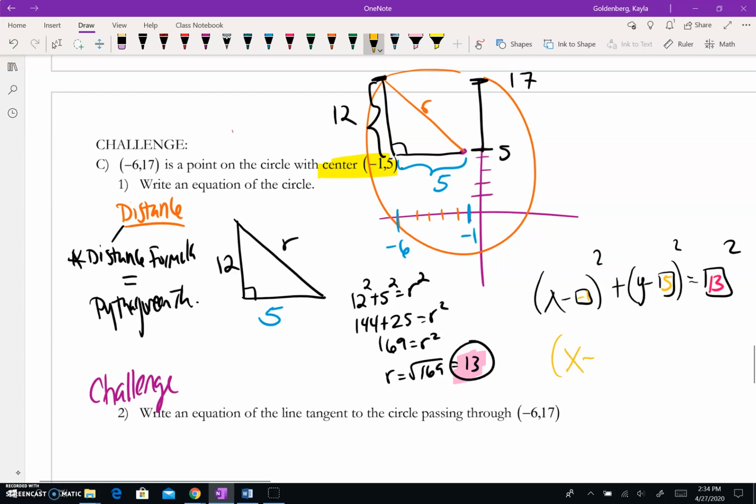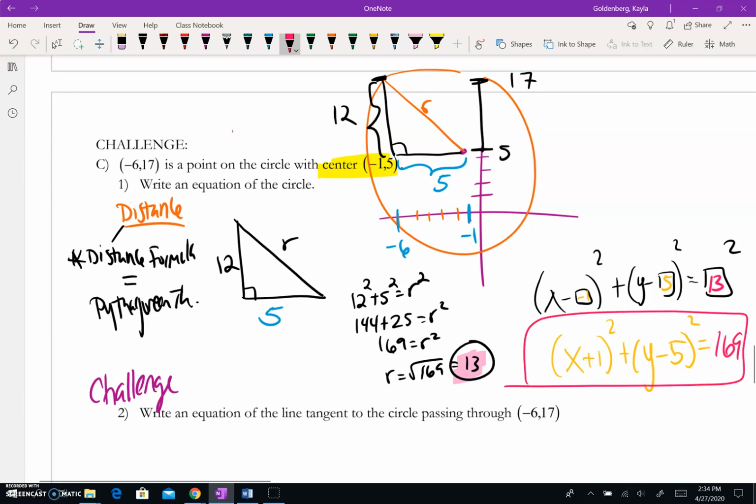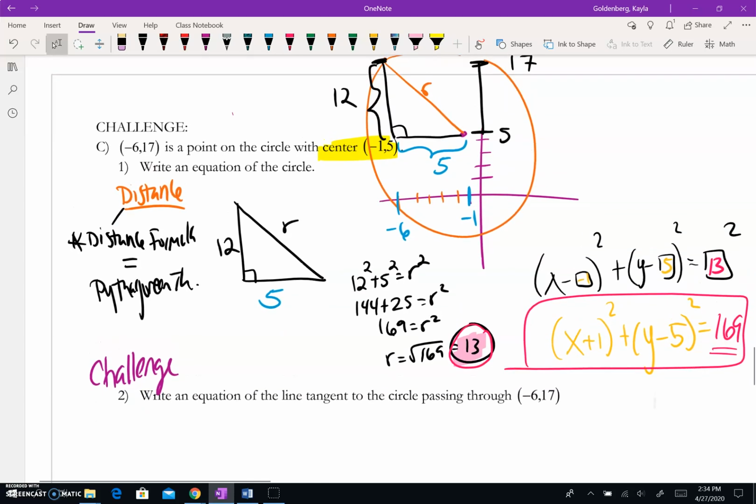If you want to write it out formally, it would be plus 1 squared plus y minus 5 squared equals 169. So what's kind of interesting is you actually don't need to figure out that the radius is 13, because the only part you really need in the equation you can simplify to radius squared and just leave it as 169. So I'm going to continue with some more of these problems.